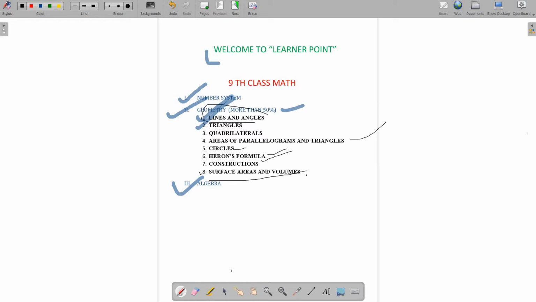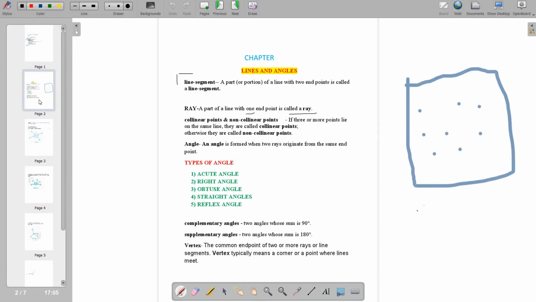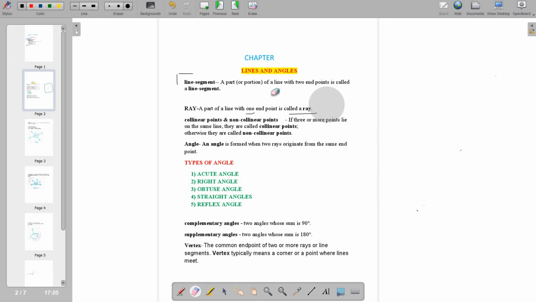What is lines and angles? Let us see. Now, in the lines and angles chapter, we will first see what a line segment is.